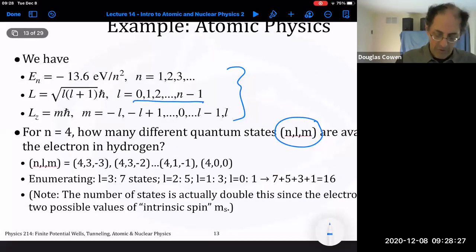So if we choose l equals 3, then that means that m can vary between minus 3 and plus 3. So I can have 4, 3, minus 3. I can have 4, 3, minus 2, minus 1, 0, plus 1, plus 2, and plus 3.